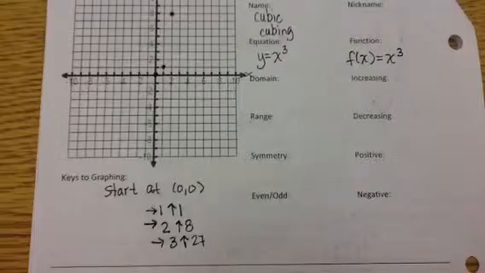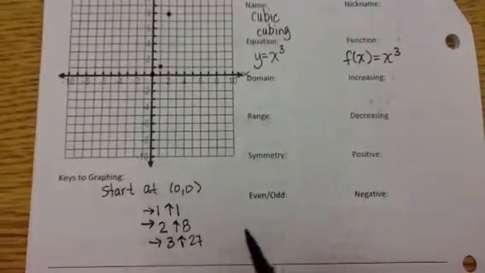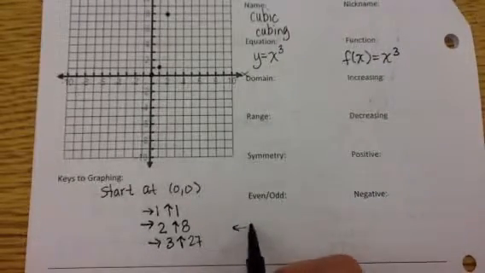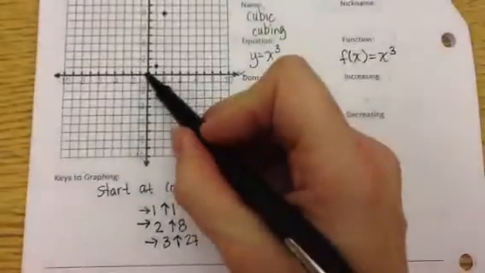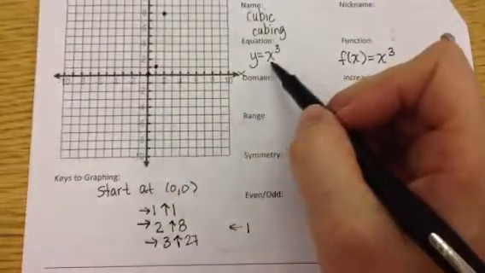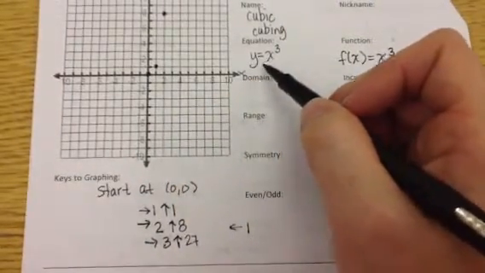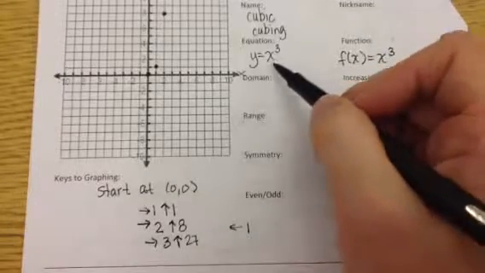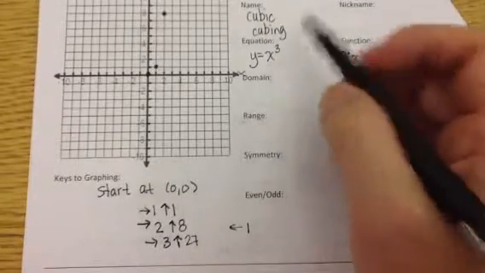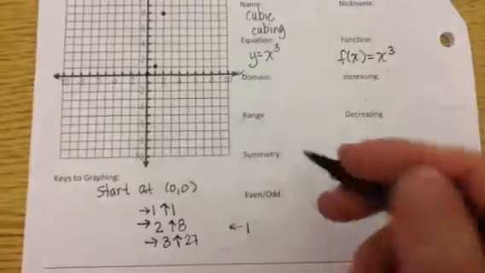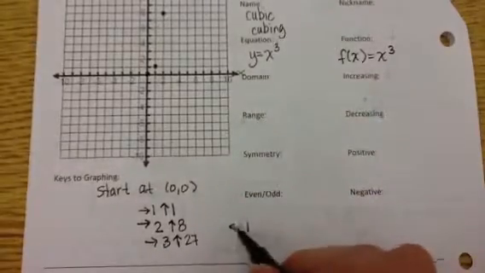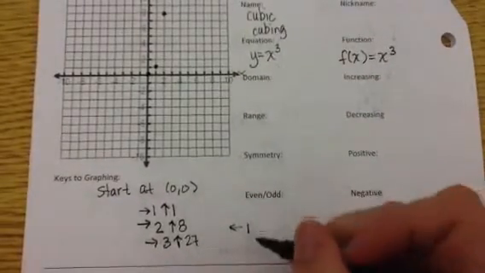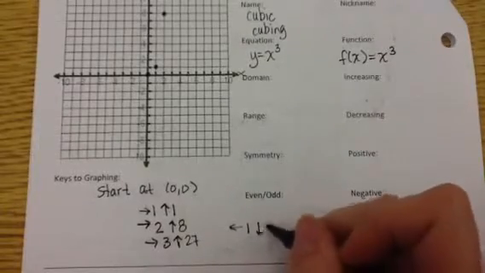But let's look at what happens when I go left. It's a little different than a parabola. If I go left 1, that's really putting an x value of negative 1. If I put negative 1 in for x, I'll have negative 1 times negative 1, which is positive 1, and then times negative 1 again. So if I put in left 1 or negative 1, I'm going to get out negative 1 or down 1.